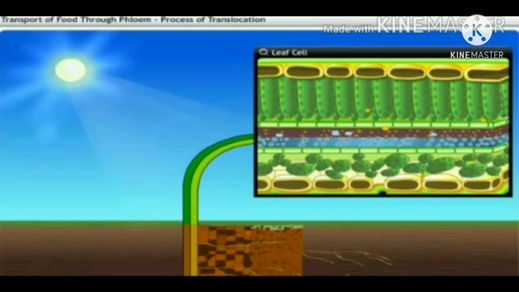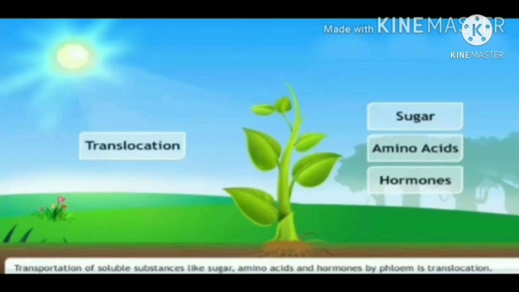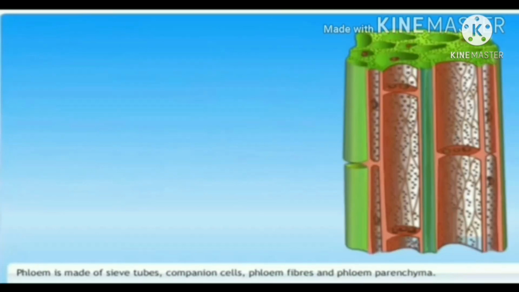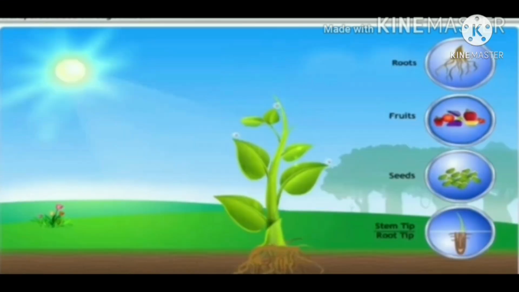Besides the products of photosynthesis, that is glucose, phloem transports amino acids and other substances. These substances are especially delivered to the storage organs of roots, fruits, and seeds.